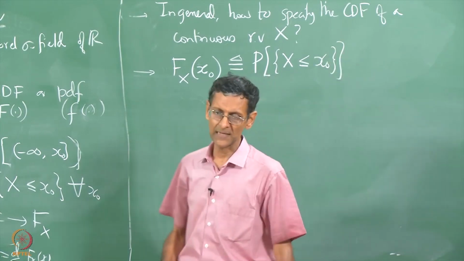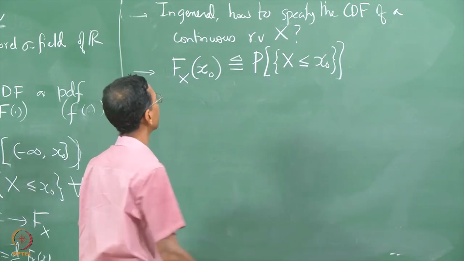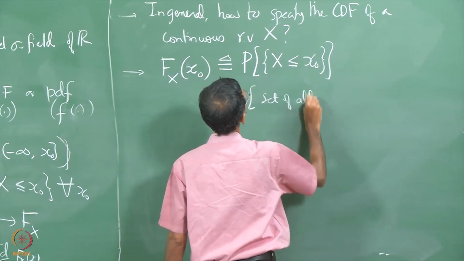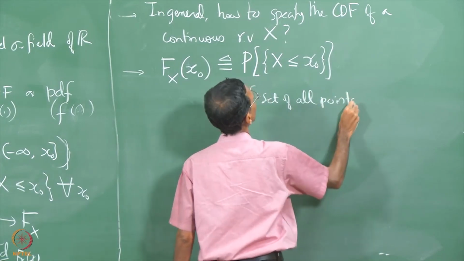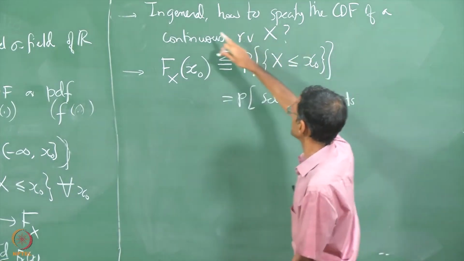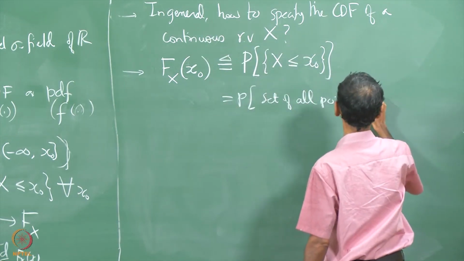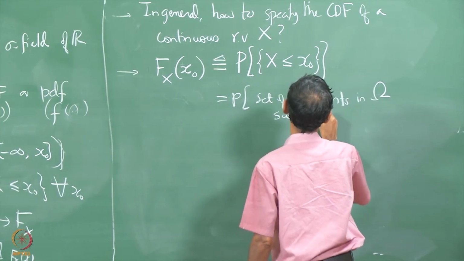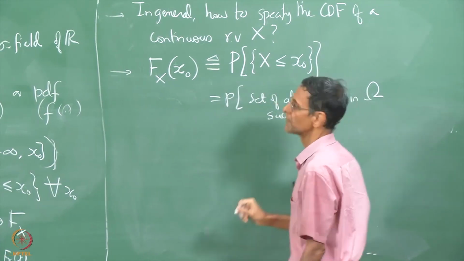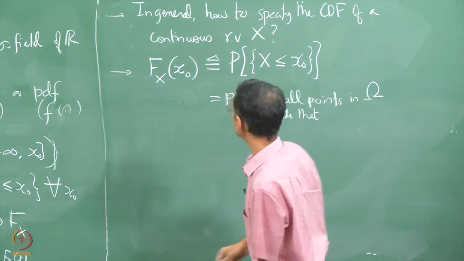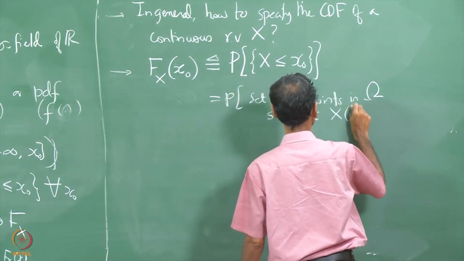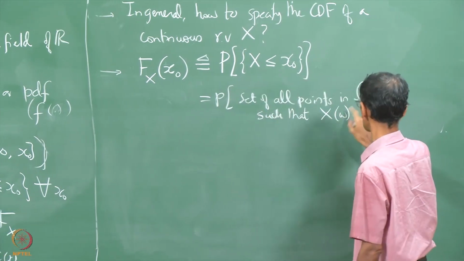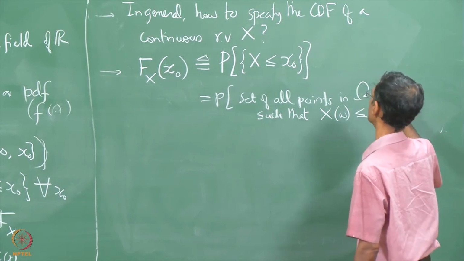So, this is nothing but the probability of the set of all points omega in the general sample space omega such that X of omega, capital X of small omega, that is a mapping or a measurement on small omega, is no bigger than x naught.